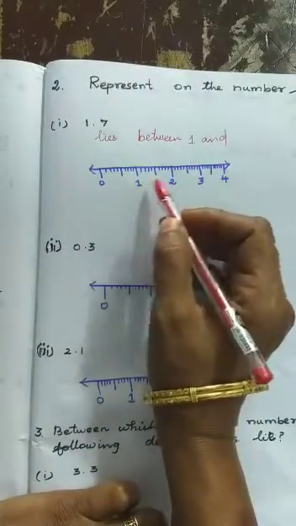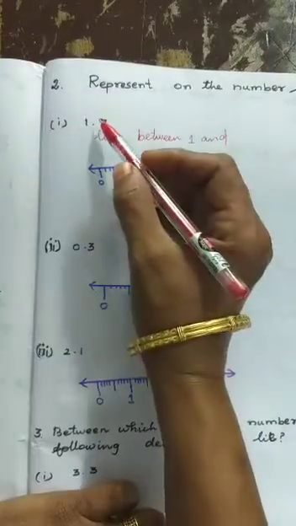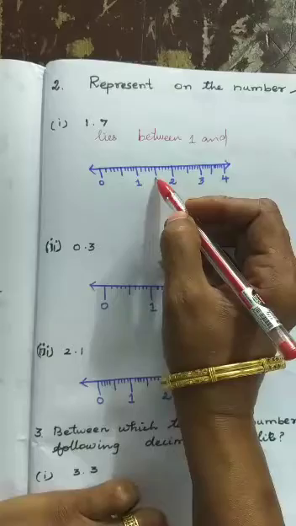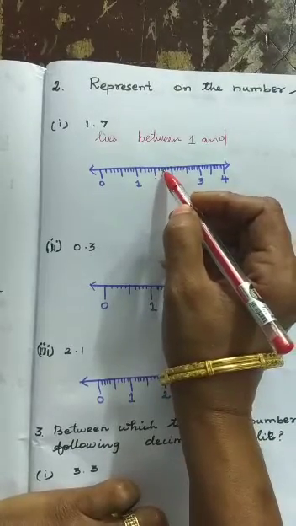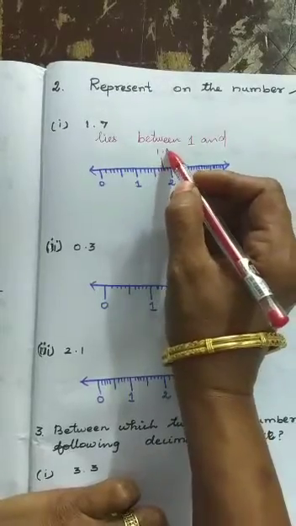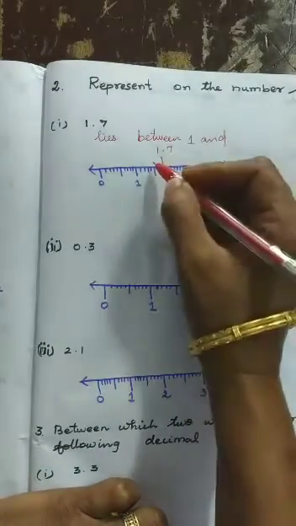In between these two we have 0.7. So counting 1, 2, 3, 4, 5, 6, 7, this is the line for 1.7.